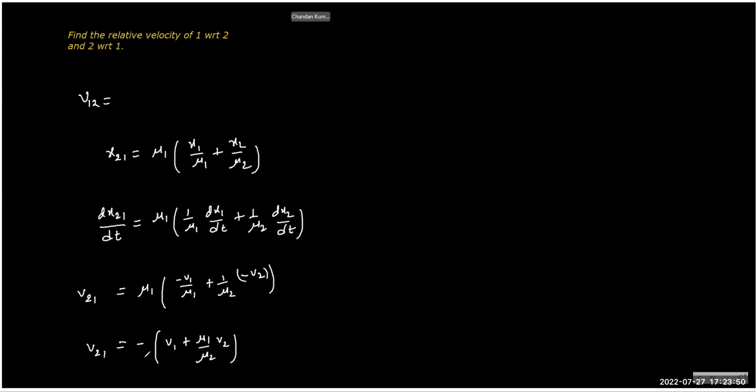And now the minus is saying that they are approaching. So if the relative is negative, it means the separation is decreasing or diminishing with time. So this is the velocity of approach. So the velocity of approach is how much?